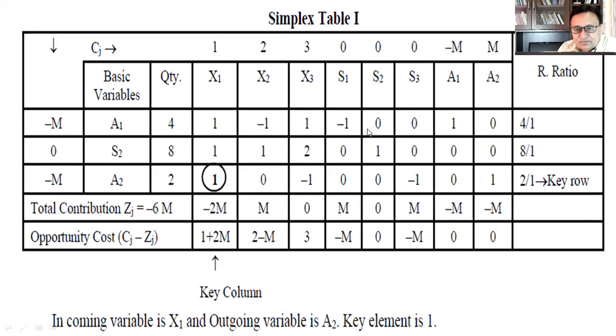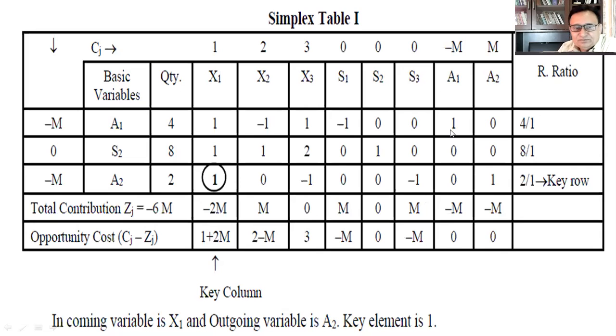Similarly, in S1, -1 multiplied by -m becomes plus m, 0, 0. So plus m will be in place. Under S2, 0 multiplied by -m is 0, here also 0 and here also 0, so 0 will be there. For S3, 0, again 0, and again plus m, since -1 multiplied by -m becomes plus m.